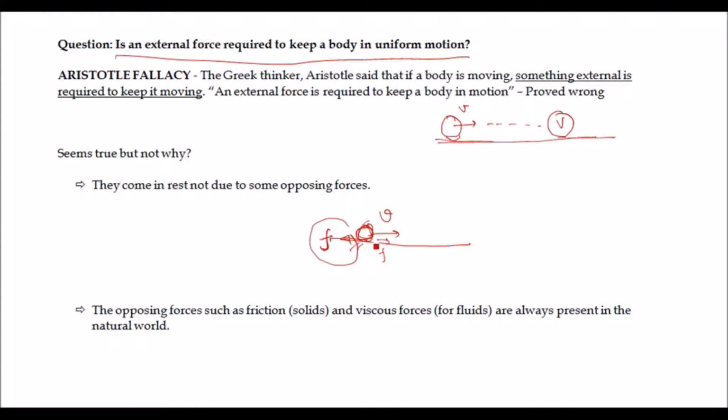Or if I move the object on a smooth surface where the frictional force due to the floor or the viscous force due to air are not there, then the object will continue to move with uniform motion or with a uniform speed. So there is no external force required to keep a body in uniform motion.